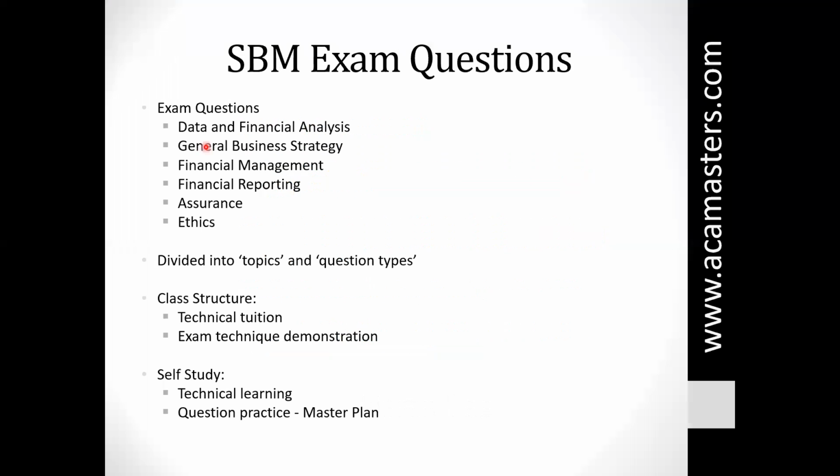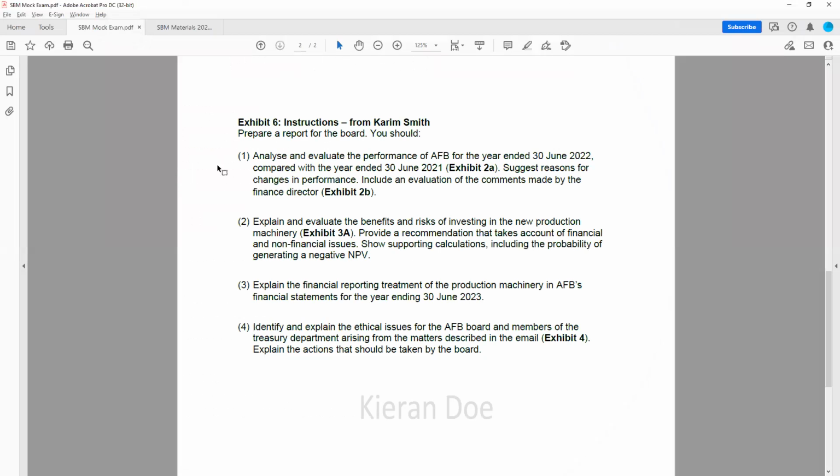Now each question can be categorized as either data and financial analysis, business strategy, financial management, financial reporting, assurance, or ethics. If we look at this question here, we can see we've got one where we need to evaluate the performance of the business.